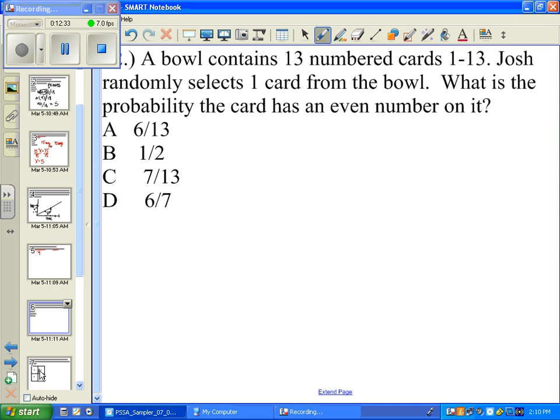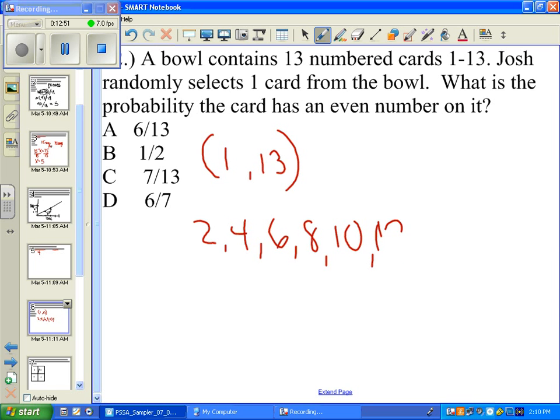The evens between 1 and 13 are 2, 4, 6, 8, 10, and 12. There are even numbers, and we have 1, 2, 3, 4, 5, 6 of them. We have 6 even numbers over 13.